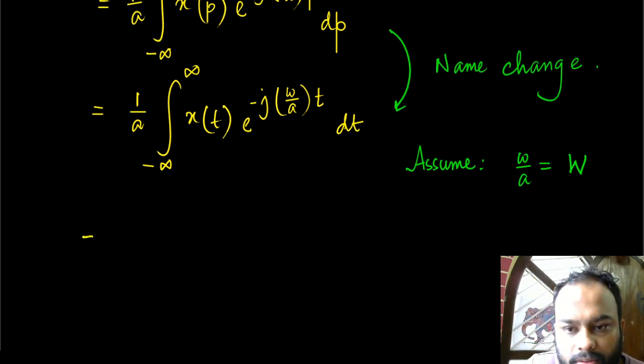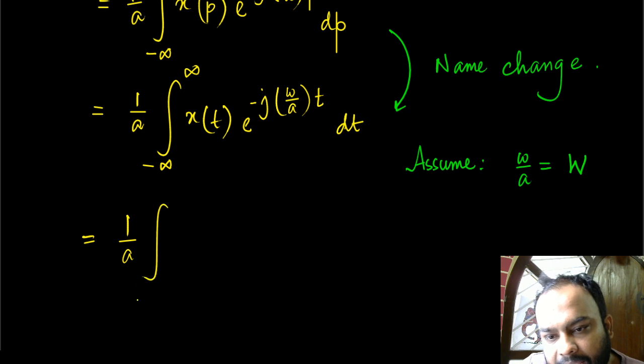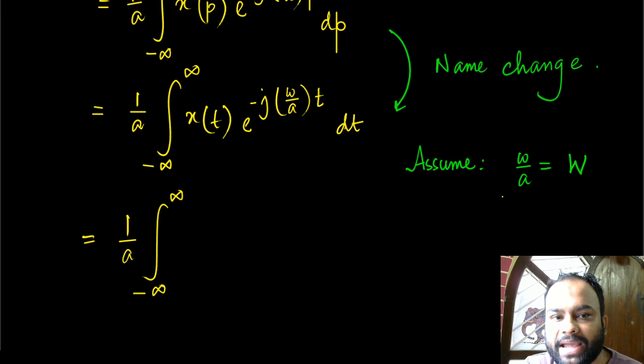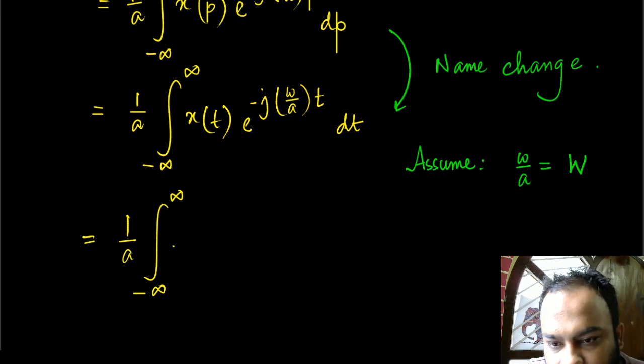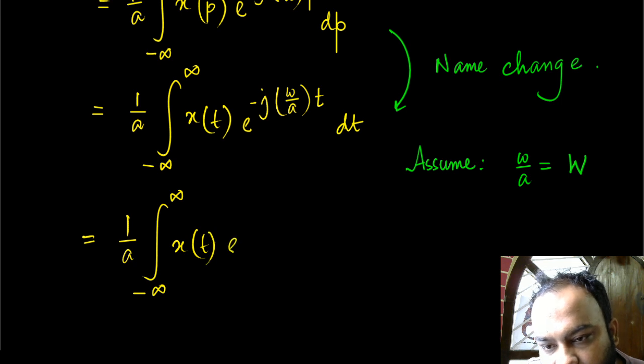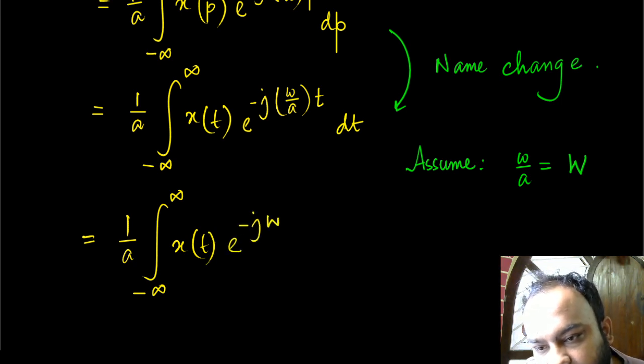So I have 1 by a integration from minus infinity to infinity. Again, try to understand, omega by a has got nothing to do with the integration variable. That's a constant as far as the integration is concerned. So I have x of t e to the power minus j w t dt.